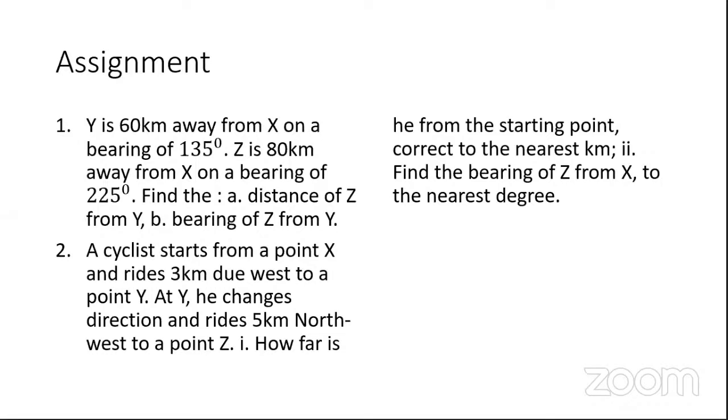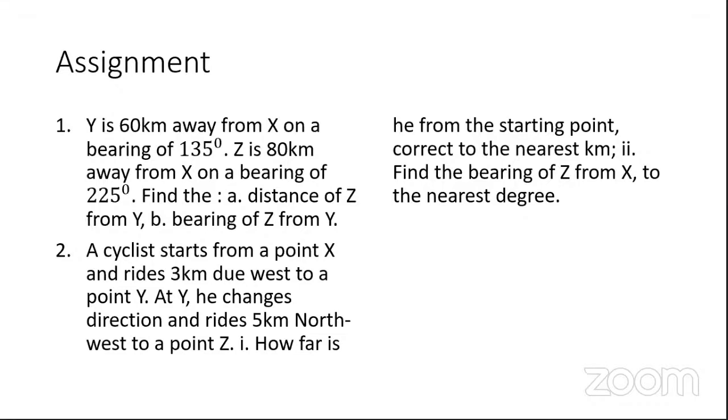Number 2: a cyclist starts from a point X and rides 3 kilometers due west to a point Y. At Y, it changes direction and rides 5 kilometers northwest to a point Z. When you say northwest, it means the middle of north and west, that is 45 degrees.